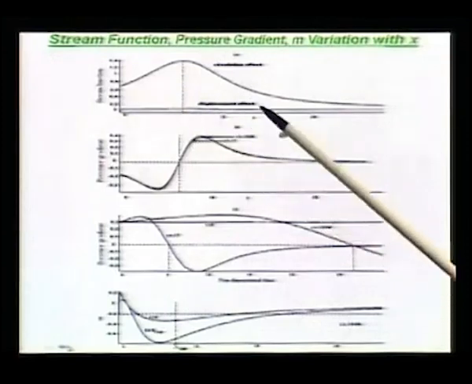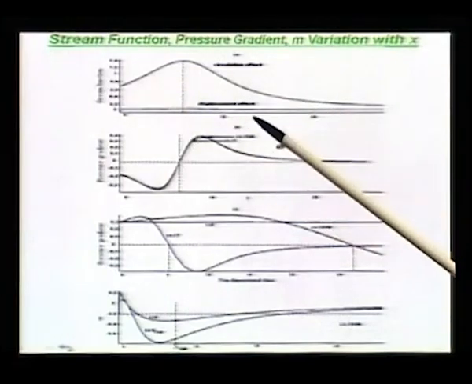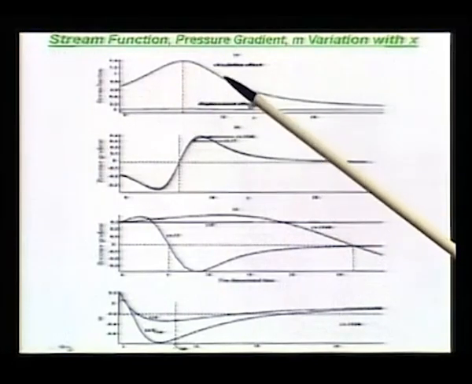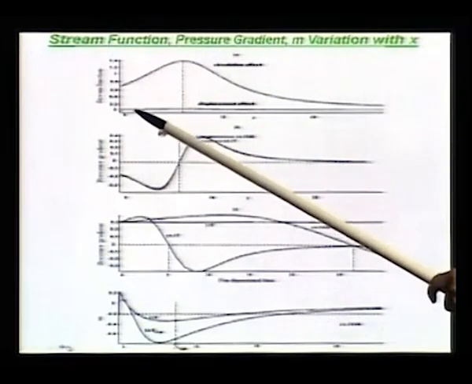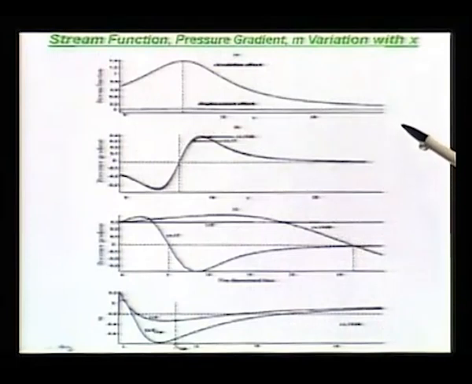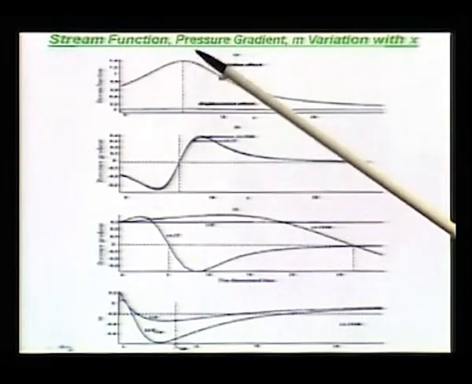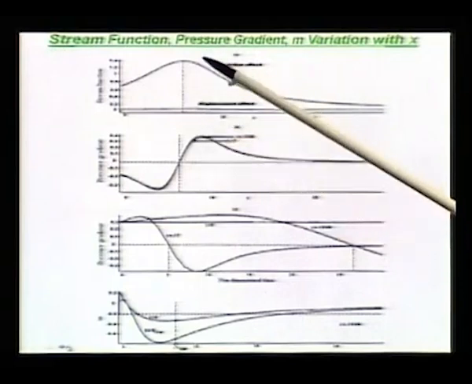as a function of x, that is plotted, and you have two paths. One path corresponds to the displacement effect, this horizontal quantity, and we have put in the vortex somewhere here along this vertical dotted line.